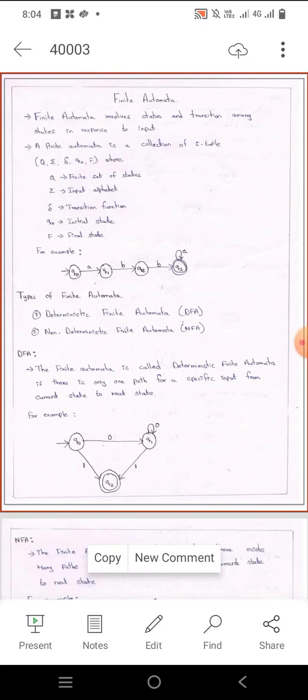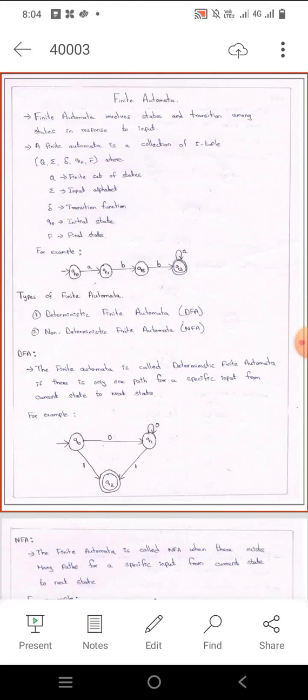Deterministic finite automata is said to be a DFA, and non-deterministic finite automata is said to be a NFA. So first we want to know the difference between a DFA and NFA. So what is a DFA means? The finite automata is called a deterministic finite automata if there is only one path for a specific input from a current state to a next state.